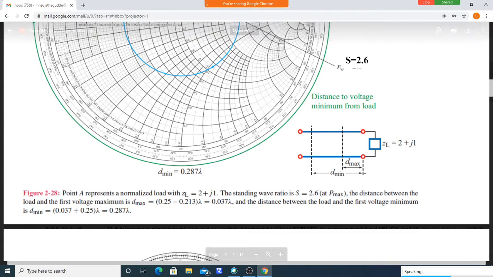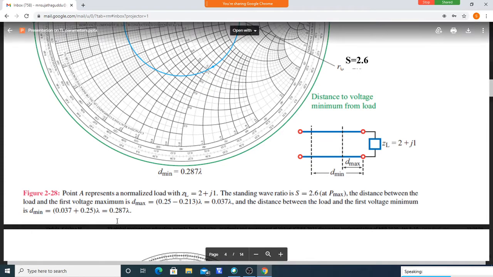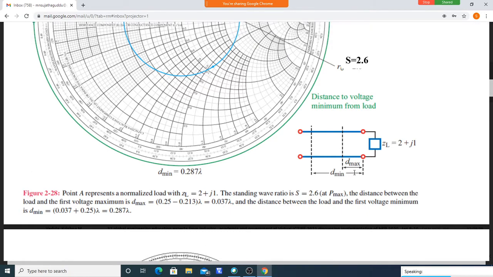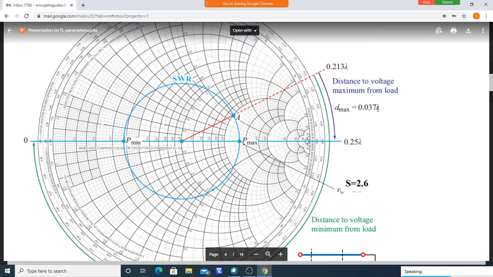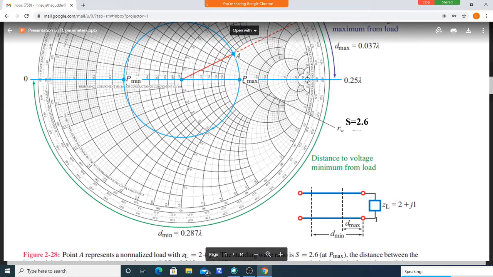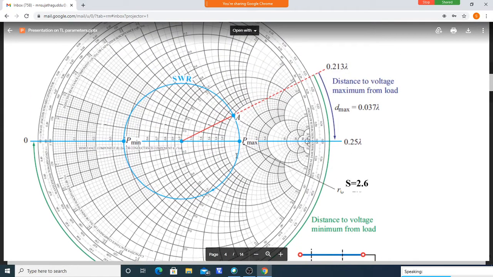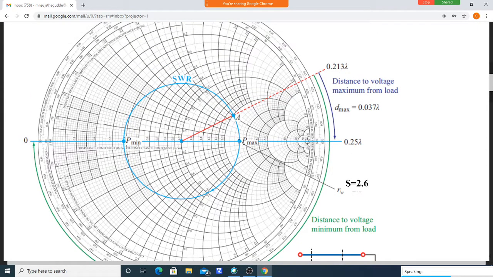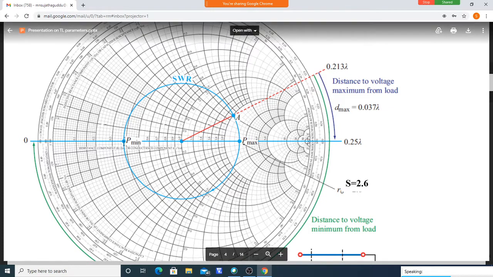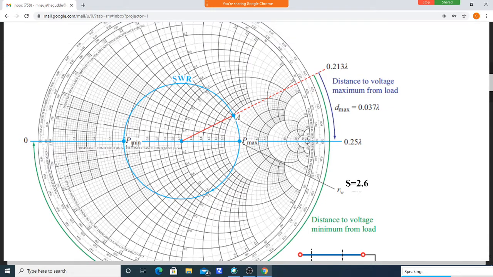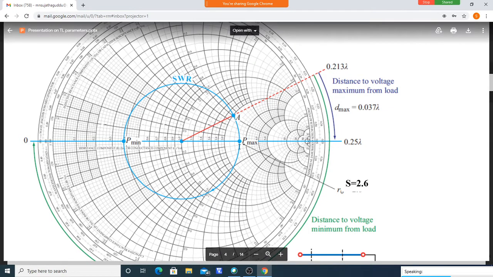0.287 lambda from here to here. From here to here is d maxima, that is 0.03 lambda. So you measured what distance the maxima is, what distance the minima is, and we measured r minimum here and r maximum here.